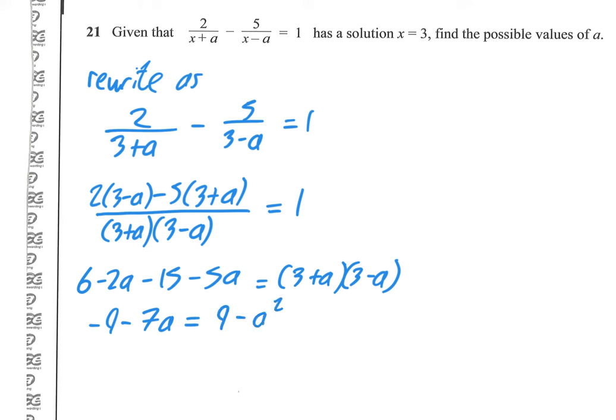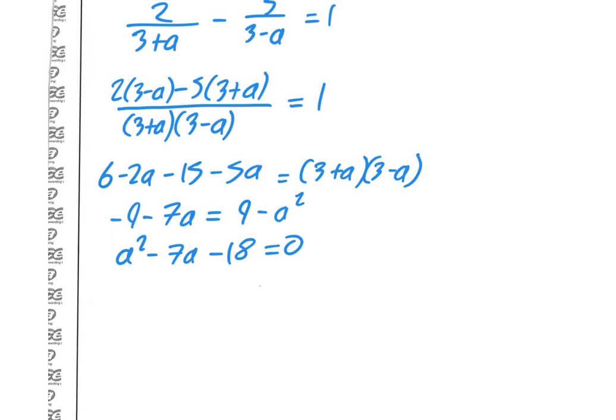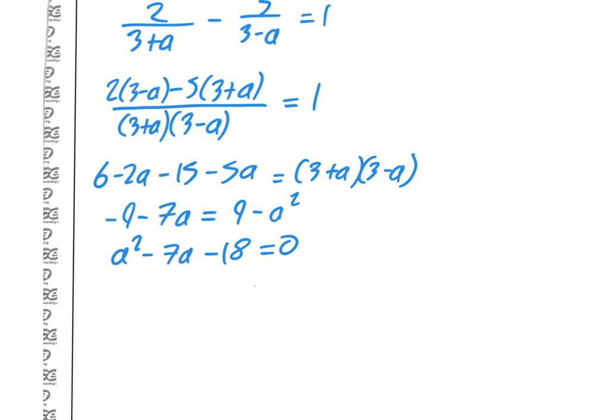And then we'll bring it all to one side. I like to bring it to the side that makes the a squared positive. So that's what we have. And then this can factorize. My sum is minus 7 and my product is minus 18. So two numbers such that they add to give minus 7 and multiply to give minus 18 are minus 9 and 2.